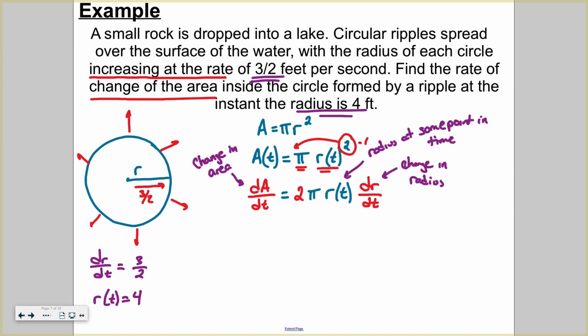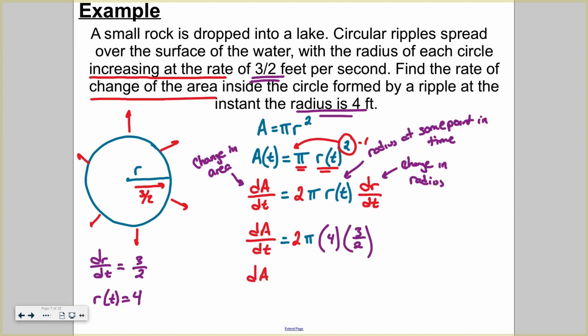So we're going to get dA over dt is equal to 2 times pi, and we know that r of t we said was 4, and dr dt we said was 3/2. And now we can just simplify.